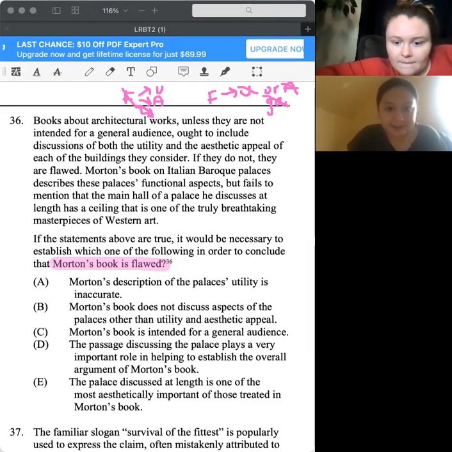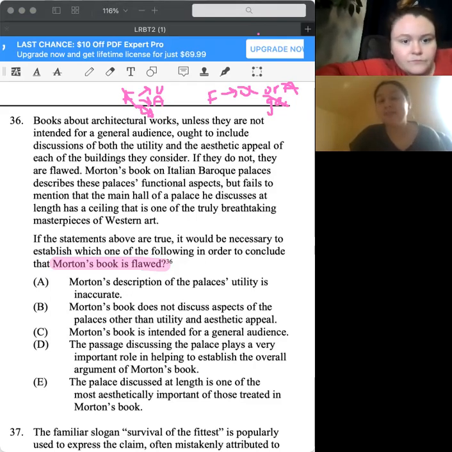Functional aspects, but fails to mention the main hall of the palace he discusses at length has a ceiling. So we are basically missing one of those two. I think the aesthetic value. We're missing that because it fails to.